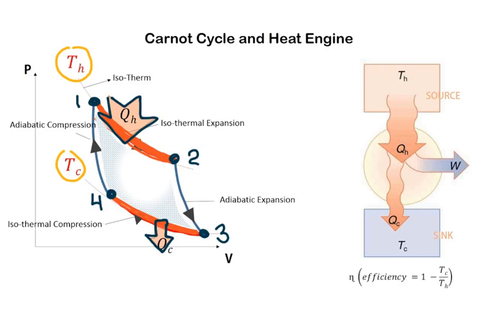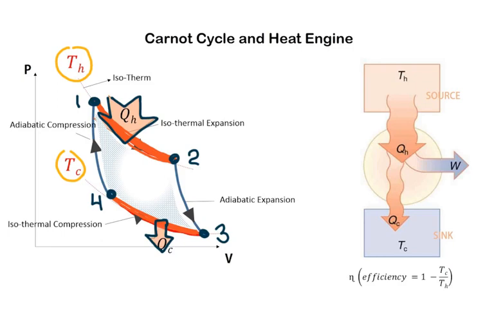This ideal engine is operating between two given temperatures and has the greatest possible efficiency of any heat engine operating between these two temperatures. And all engines employing only reversible processes have this same maximum efficiency when operating between the same given temperatures.